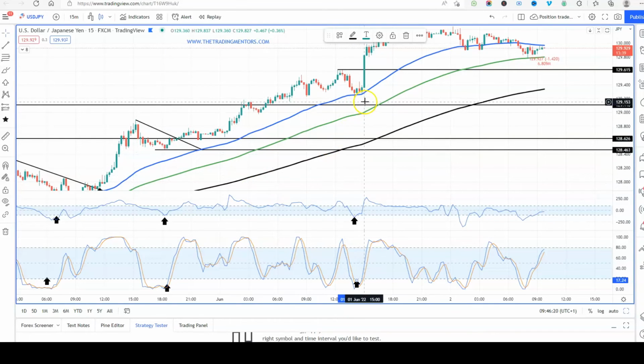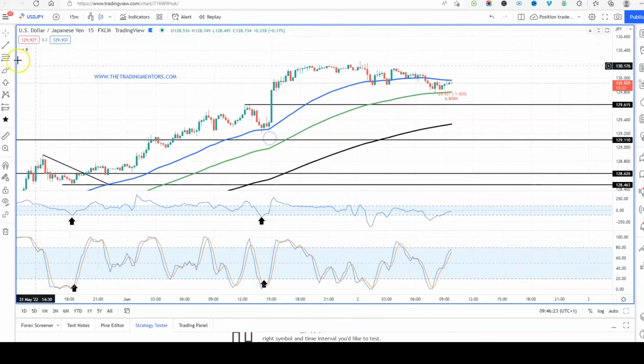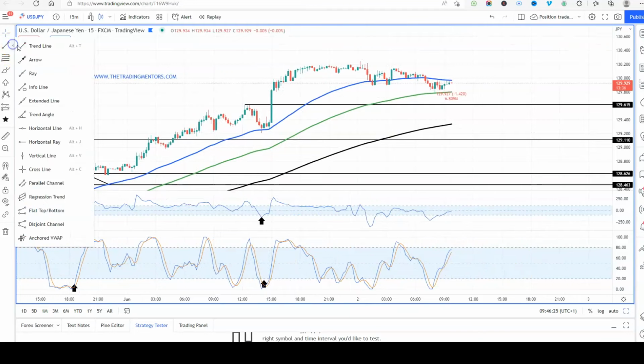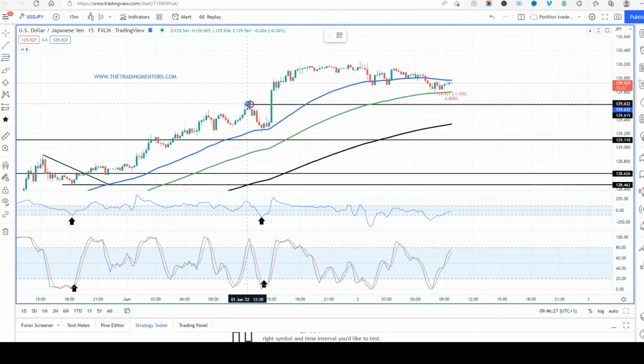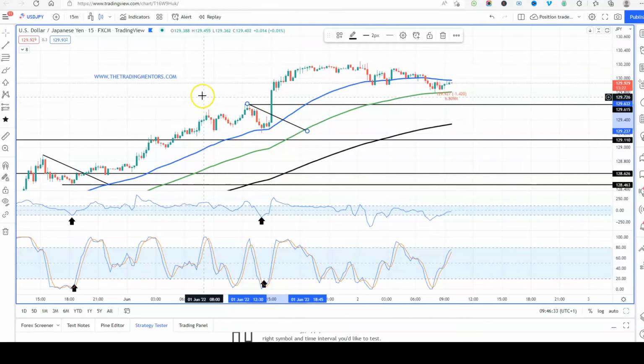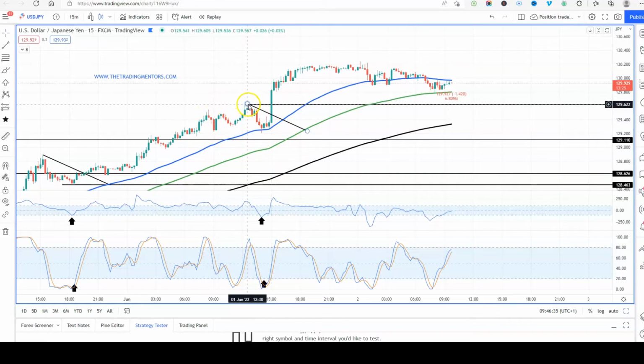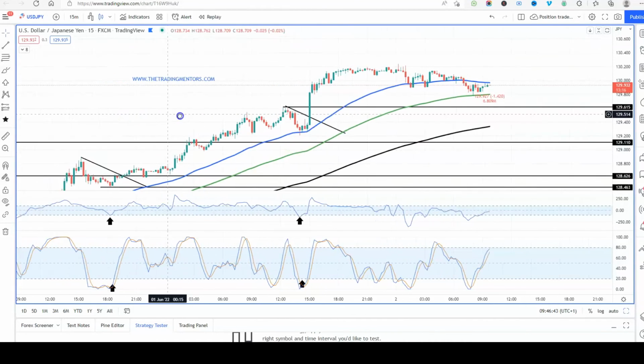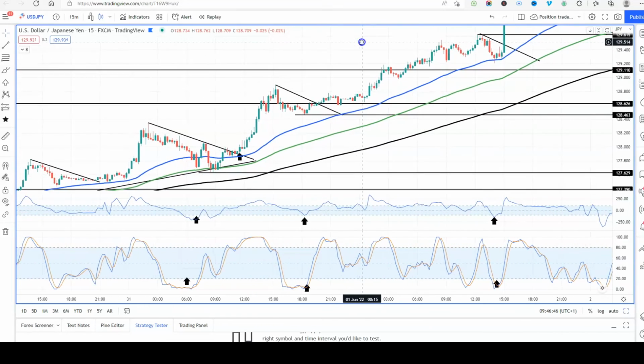So there's another one there. 45-degree angle, roughly, and the breakout is there. The other thing you can do is, once the price achieves higher highs, you can have a breakout above this area here, 129.61. So you get the point. So that is swing trading, and go for 2 swings.